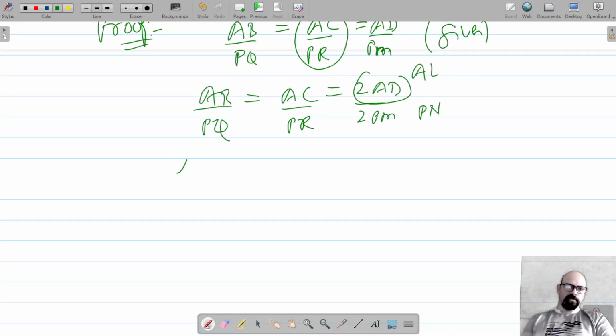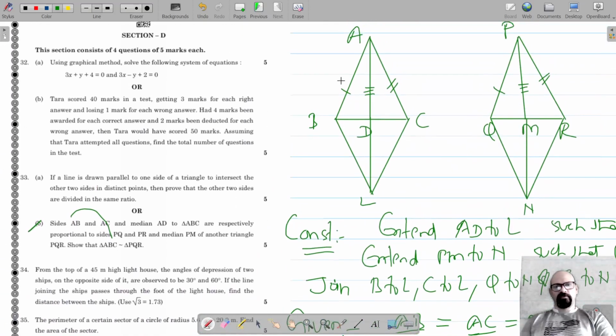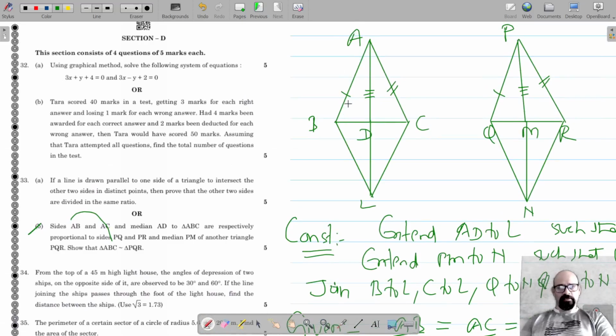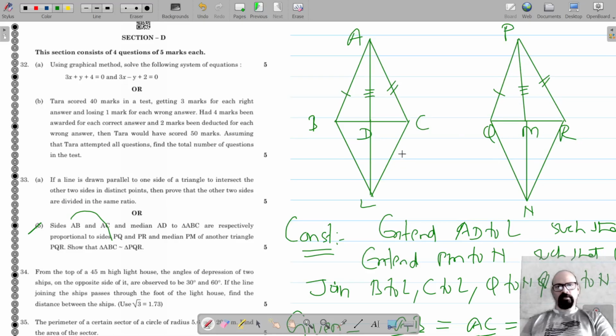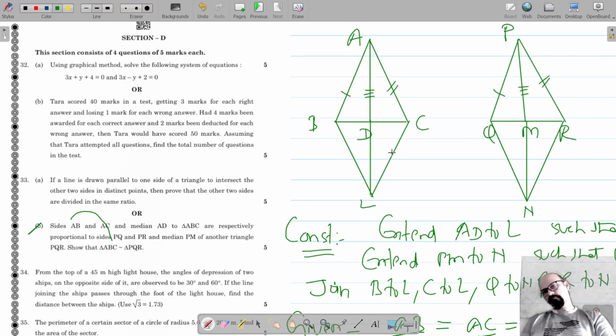So what I have got here is AB by PQ is equal to AC by PR is equal to AL by PN. Okay. So in this triangle, AB upon AL is equal to PQ upon PN is equal to AC upon PR.